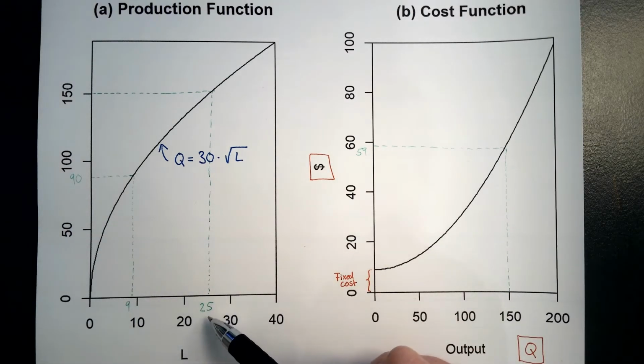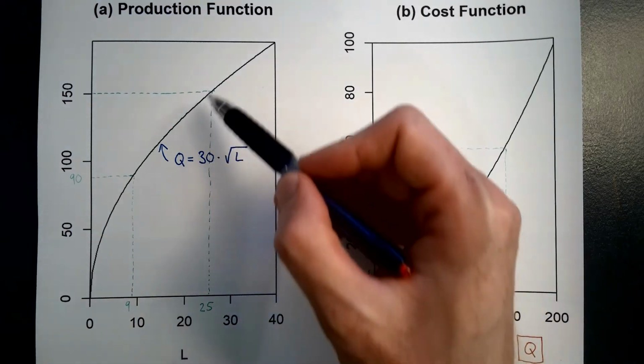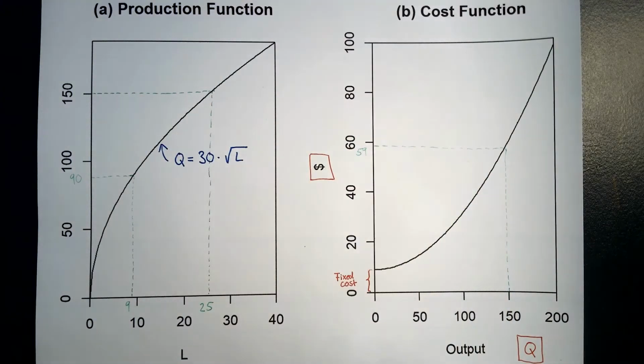Or if you are employing 25 workers, then your output is 150 units. So on the left-hand side, we have the production function that is representing the production technology.